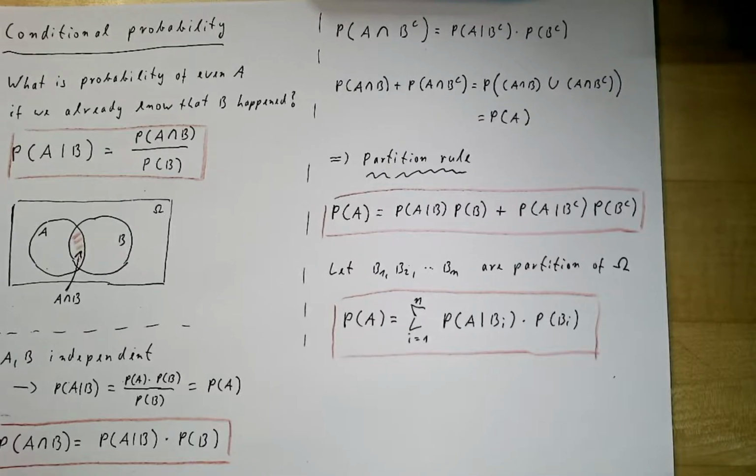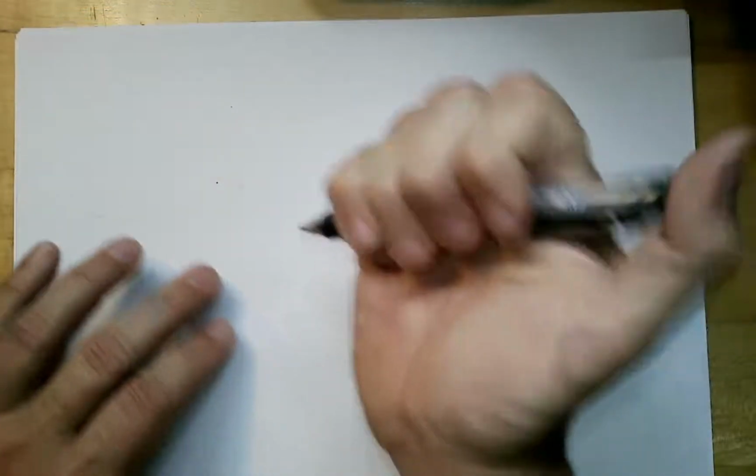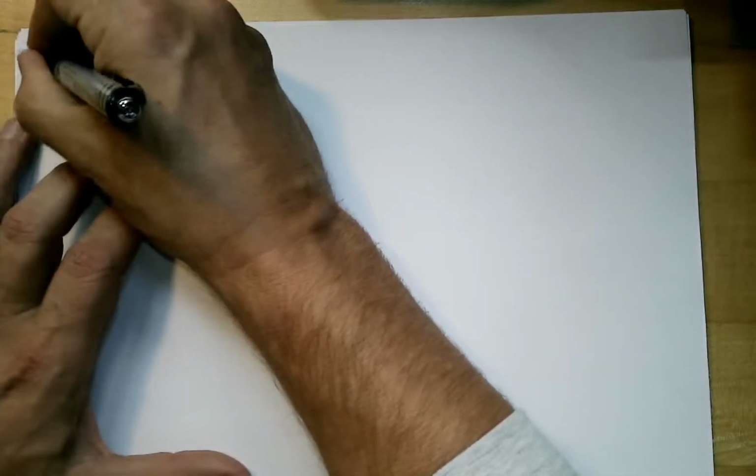Let me give you an example of how to use these conditional probabilities and show you that your intuition sometimes can go wrong. So, an example.